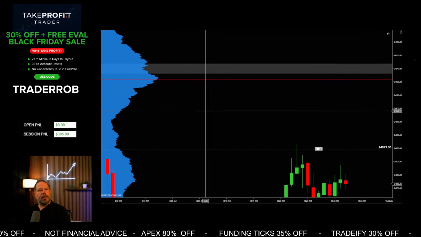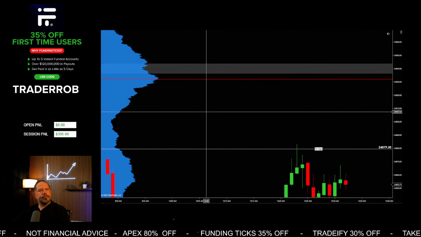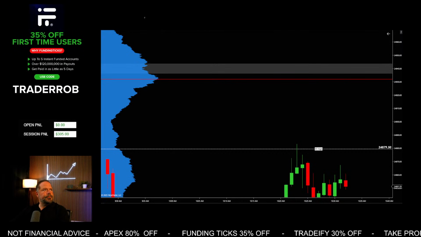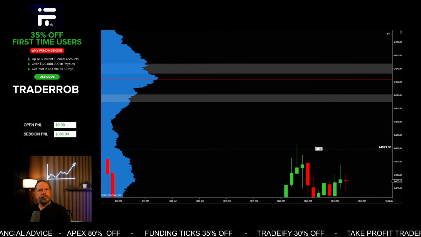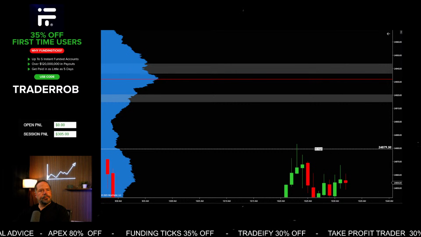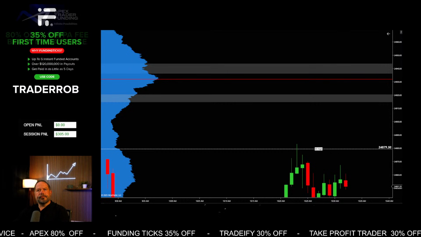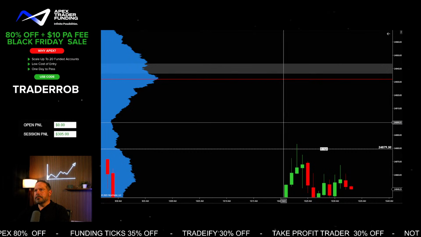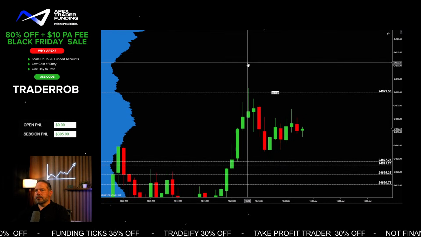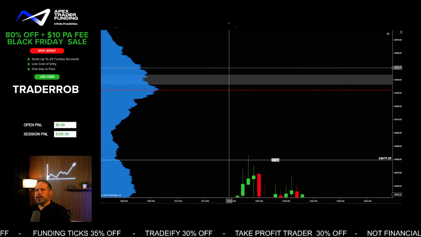It just doesn't fit well on the volume profile.